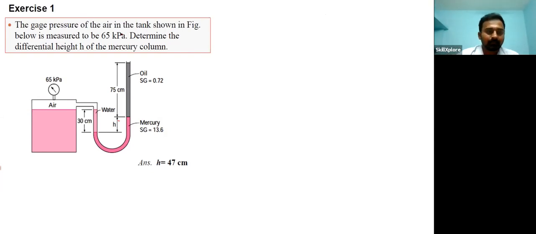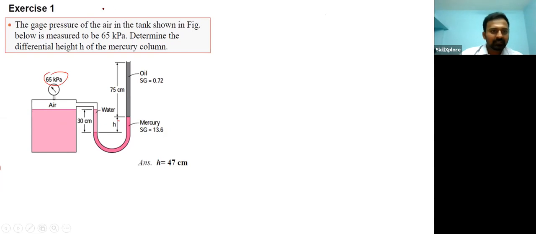Here we can see a tank which is filled with some fluid or water. It has an air gap, and the pressure is measured as 65 kilopascal here.